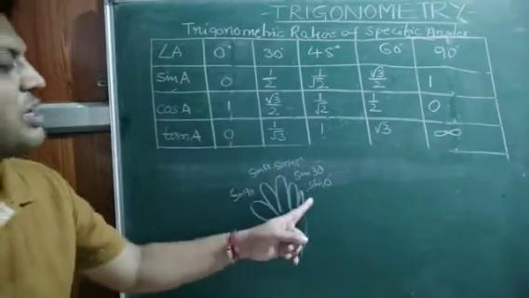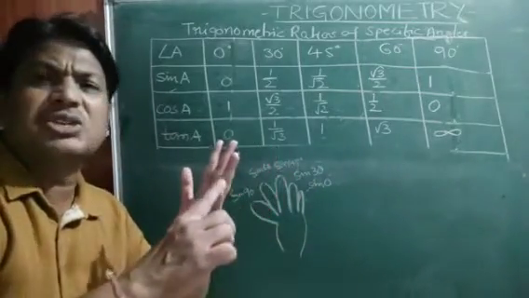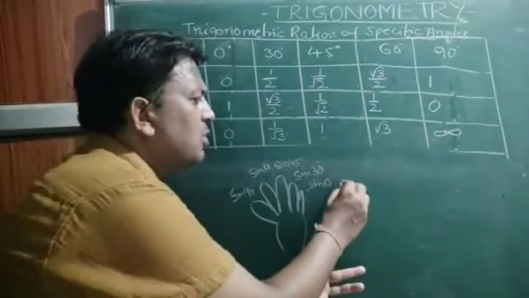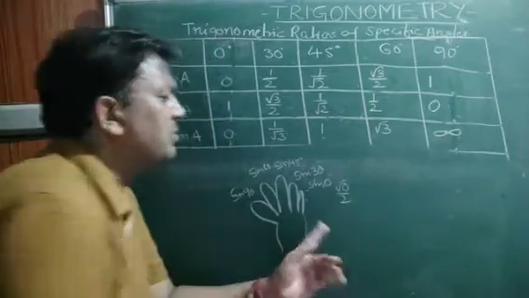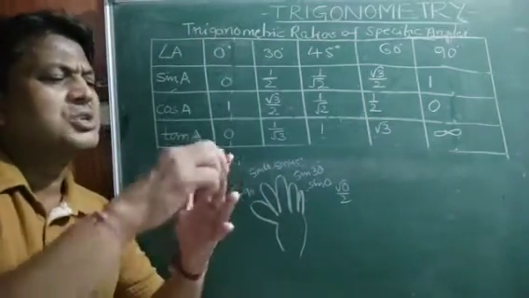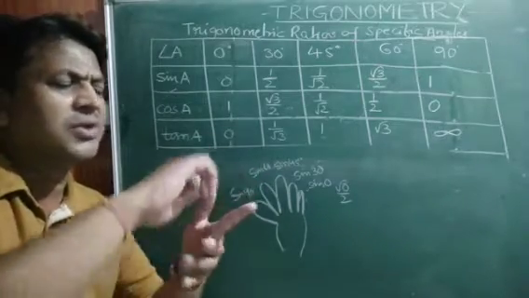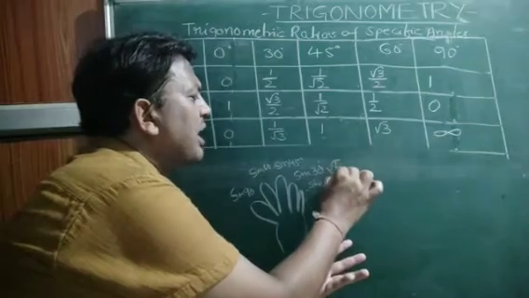Okay children, first value, sine 0, starts from here with 0, so root 0 by 2. Remember it: 0, 1, 2, 3, 4. Root 0 by 2. This is root 1 by 2.